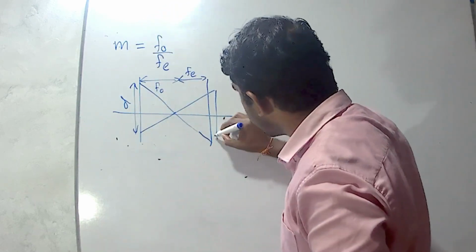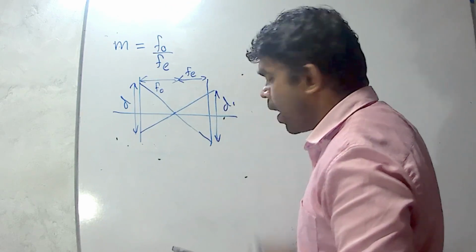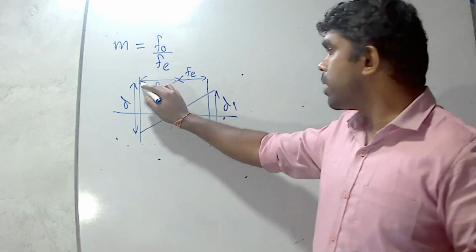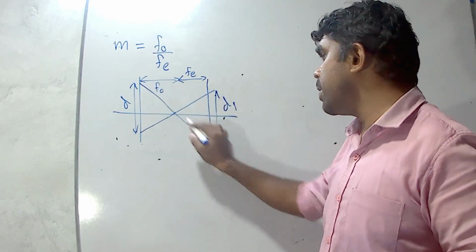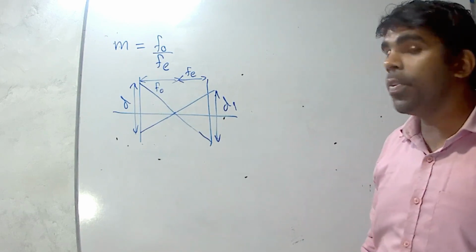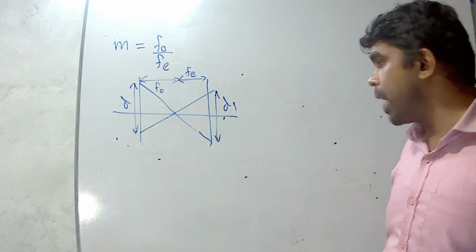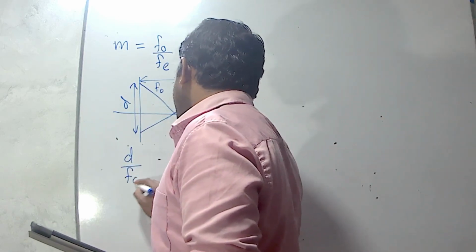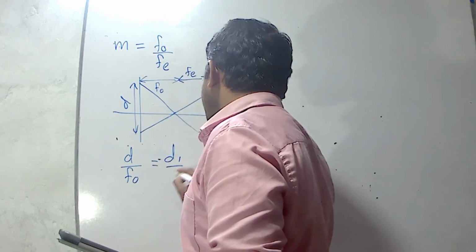We have to find this diameter d1. Then we can get this triangle and this triangle equiangular. It means we can get the ratio between corresponding sides. Then we can write d divided by f0 equals d1 divided by fe.